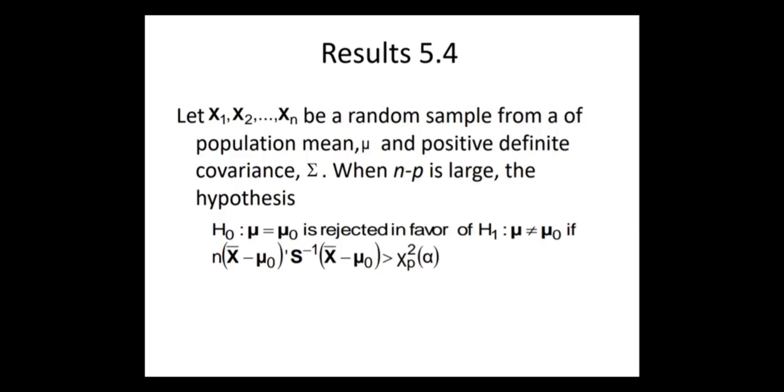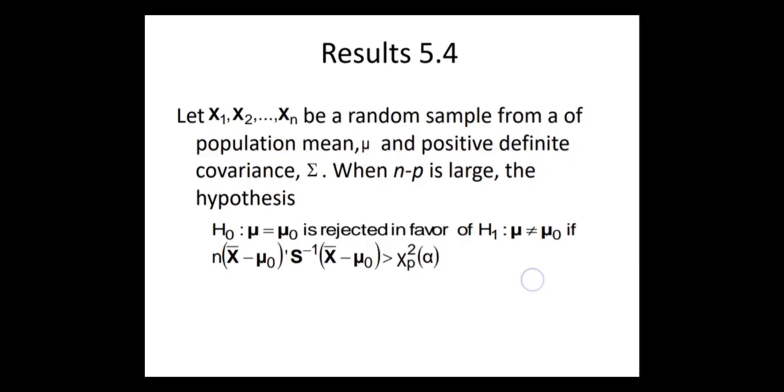So for this chapter, previously we were testing the mean vector, whether the mean value mu naught is plausible for the mean of the multivariate population, right?